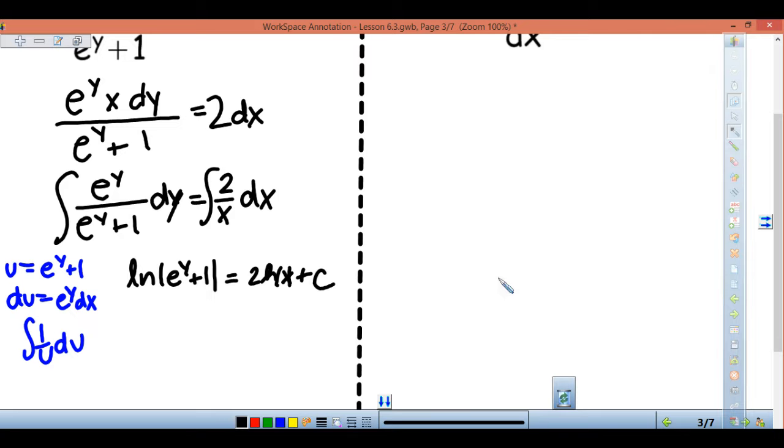All right, if we want to clean this up and solve for y equals, I do need to do a base e to both sides. These don't cancel because of the plus that's on the inside here.